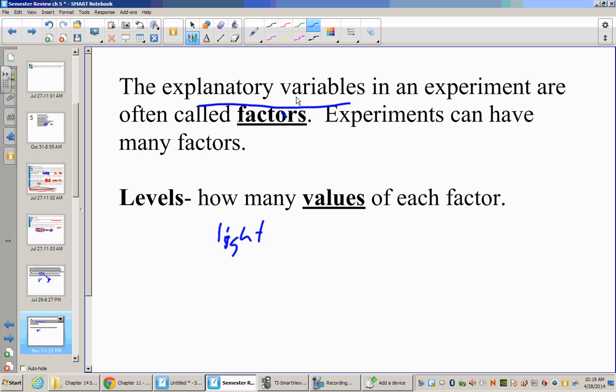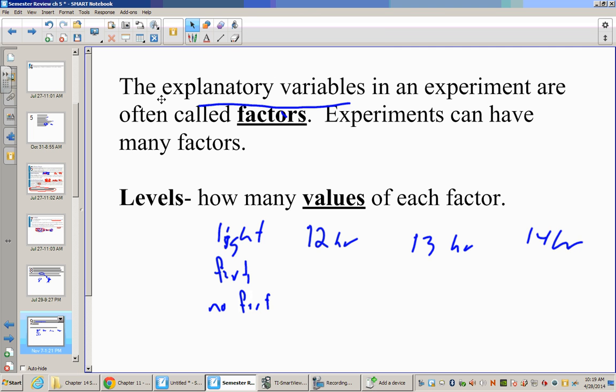You could have 12 hours of light, 13 hours of light, 14 hours of light, and then you could also have another factor, how much fertilizer. So you could have fertilizer and then no fertilizer, and then you'll have many different values in there.